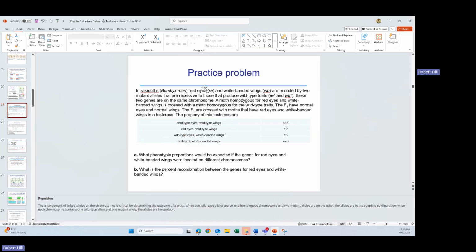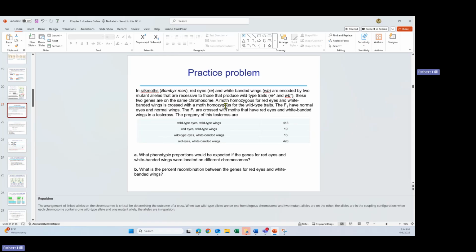No, we've got to look at the test cross. We've got to look at the test cross. So the test cross is that, because the homozygous recessive, and it's also the heterozygous. So it's these two.